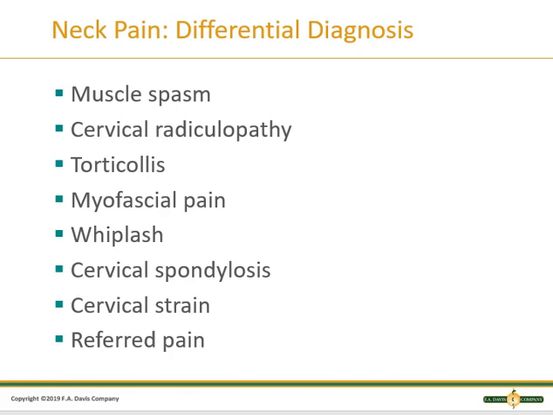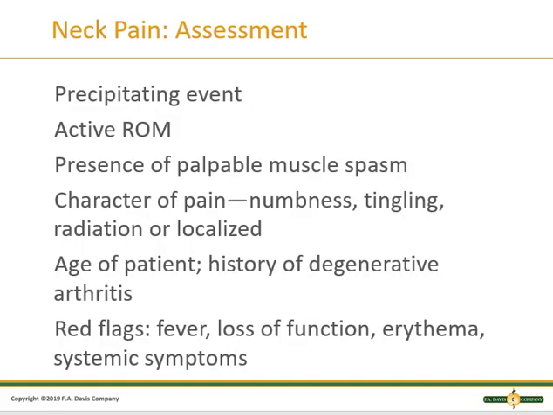So some differential diagnoses for neck pain can include spasms, cervical radiculopathy, torticollis, myofascial pain, whiplash, spondylosis, strain, and you can have referred pain. When you're assessing, you want to make sure to see if there was any precipitating event. You want to assess for range of motion.